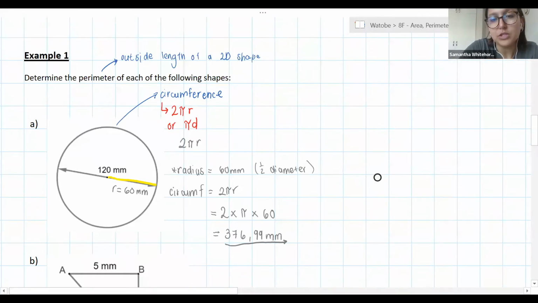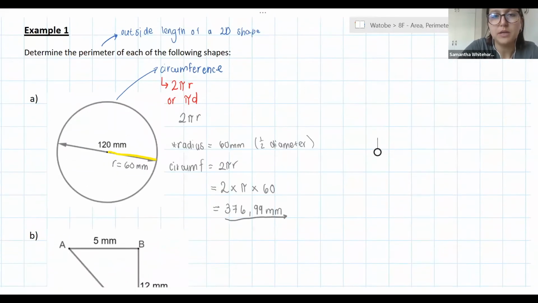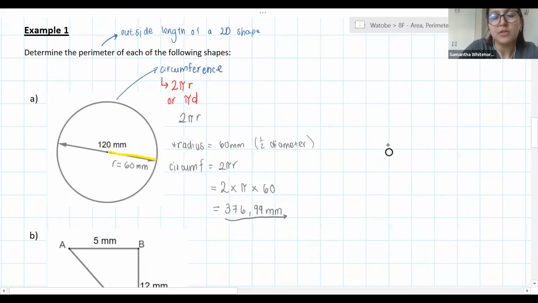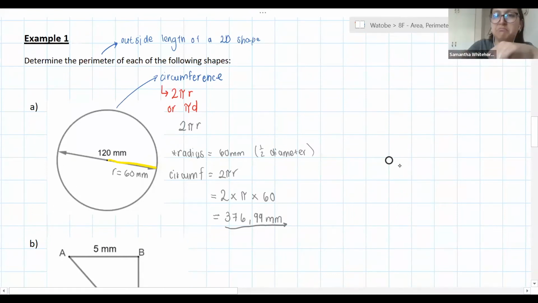However, if you wanted to use the second formula, which is pi d, this is essentially telling me to say pi times diameter.